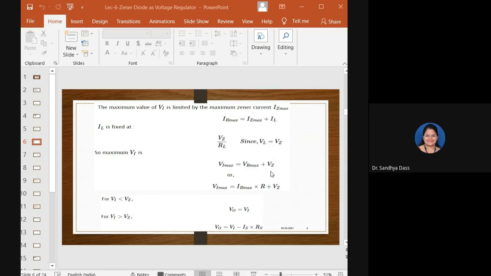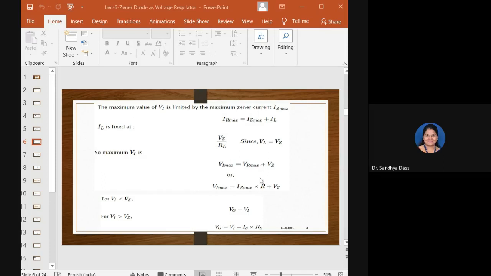All these we've already discussed. It is all just mathematical expressions. In other words, we can also write Vi max is equal to IR max into R, where IR max depends on the maximum Zener current, plus Vz, which will remain constant.